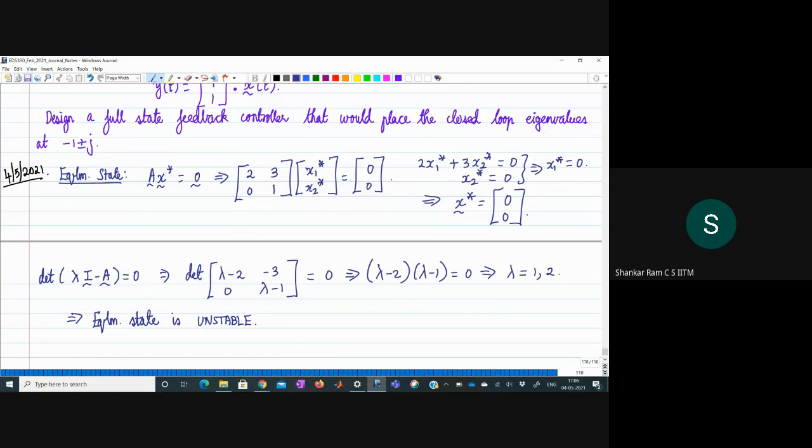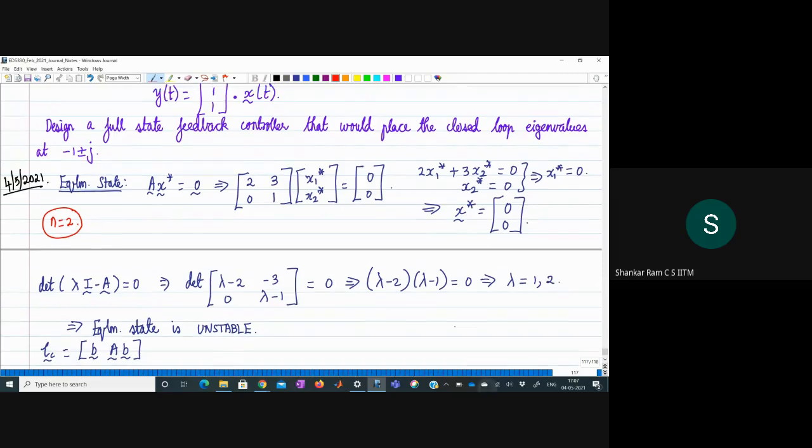Before we go to controller design, we need to check the controllability matrix, C subscript C, which we know is given by B and AB in this case. Please note, in general, it is B, AB, A squared B, all the way till A to the power n minus 1 times B. In this particular example, the value of n is 2, so consequently we have only B and AB.